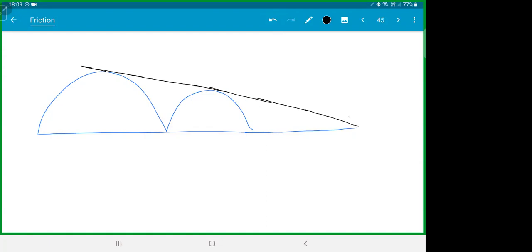I can say it works, but let's not. So that is theta here. From the center, if you drop a perpendicular, this will be 90 degrees. This would be capital R. This would be smaller r. So from here, if you drop a horizontal line, this angle is also theta.